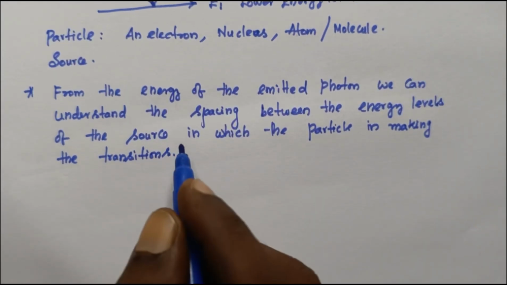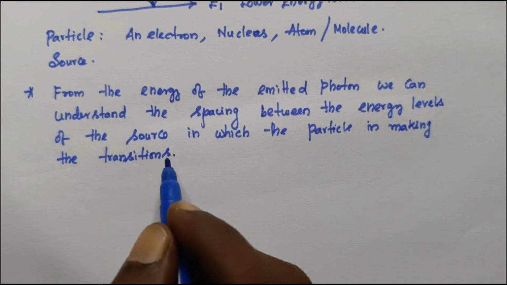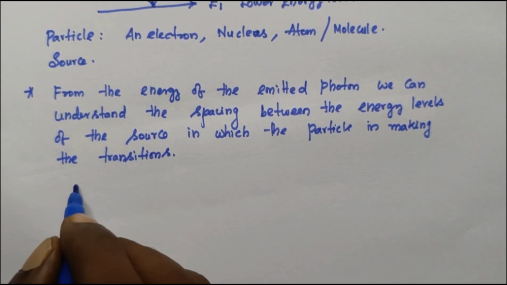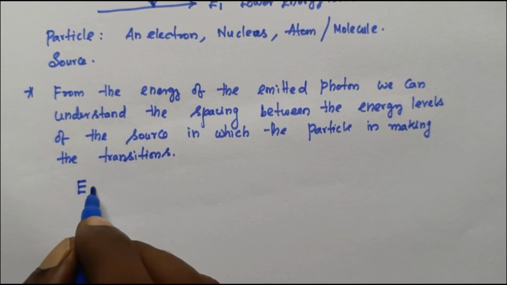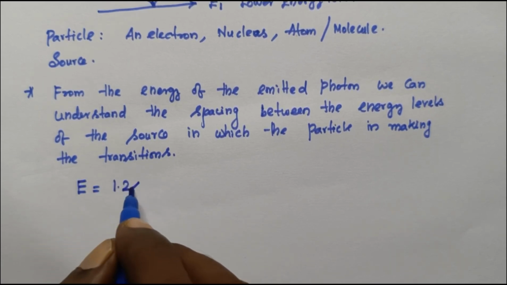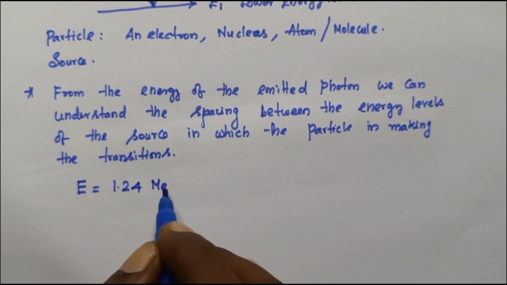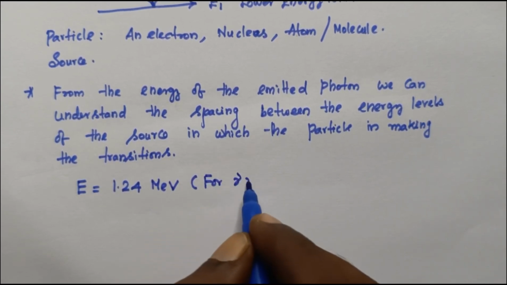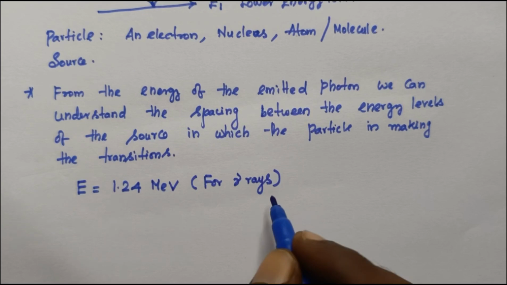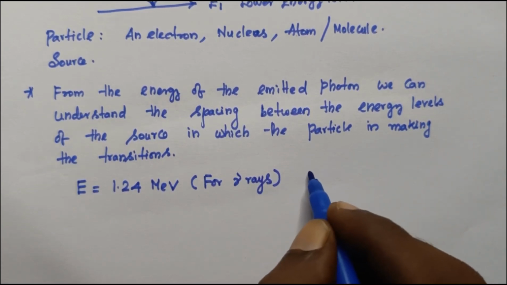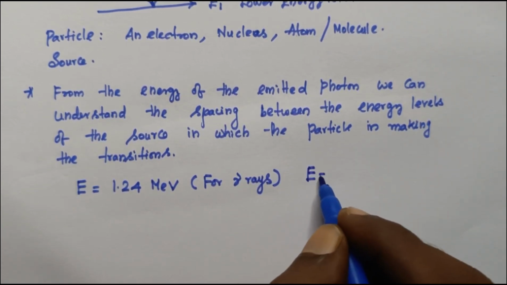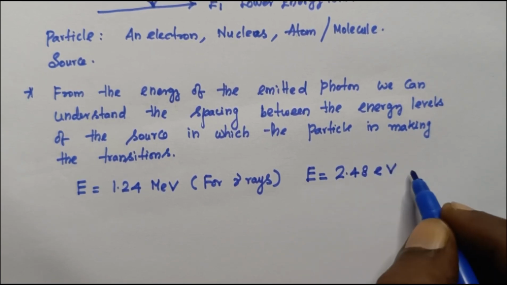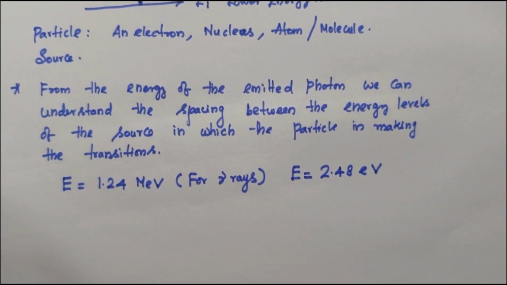We have already determined the energy of the emitted photon in gamma rays and visible light. The energy of the emitted photon in gamma rays is equal to 1.24 million electron volt. This is for gamma rays. Whereas in case of visible light, the energy of a photon is E is equal to 2.48 electron volt. This is in case of visible light.